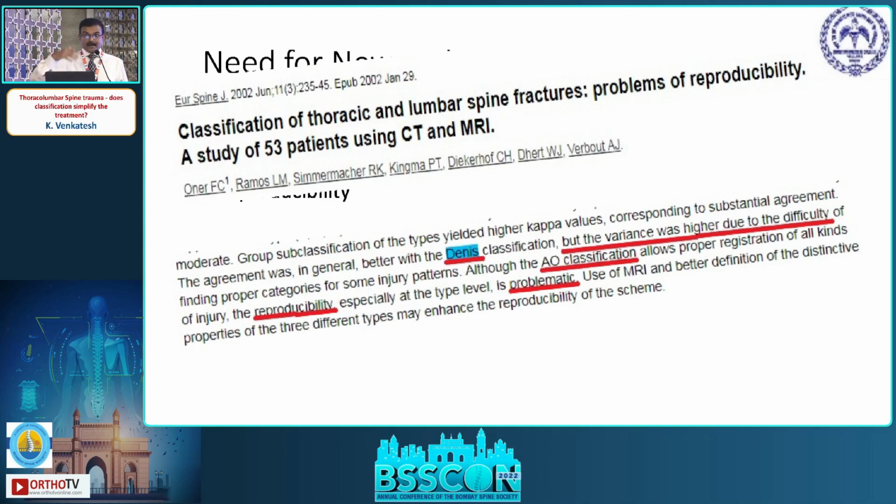That means intra-observer; inter-observer might be good for these. Even for an experienced surgeon, it was problematic. And they said the variation is very high in the Dennis classification. So the AO classification, even though it is better than the Dennis classification, is not adequate.